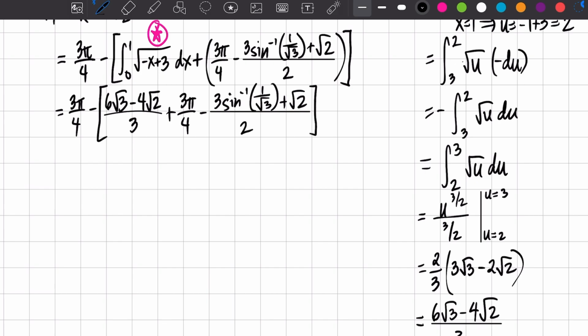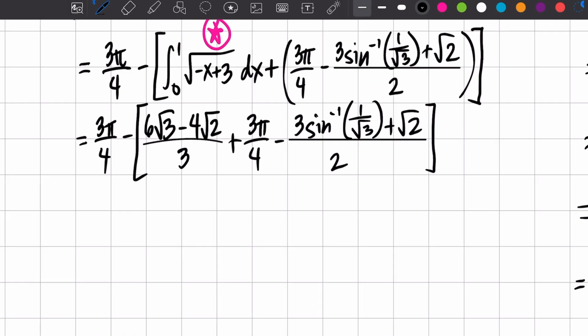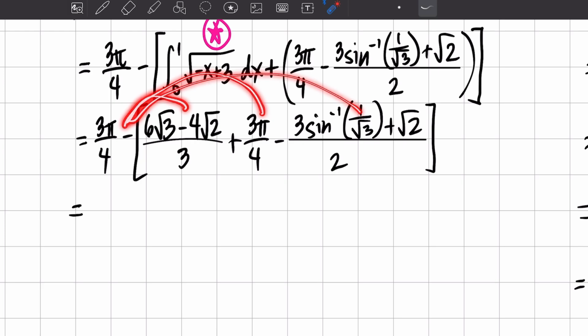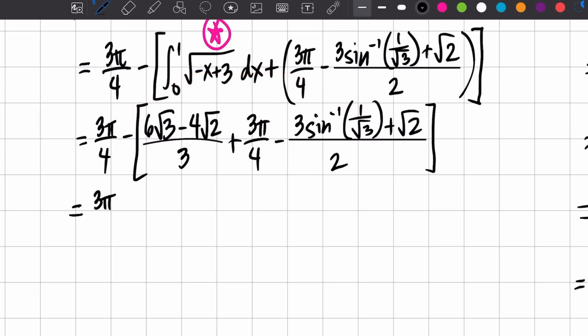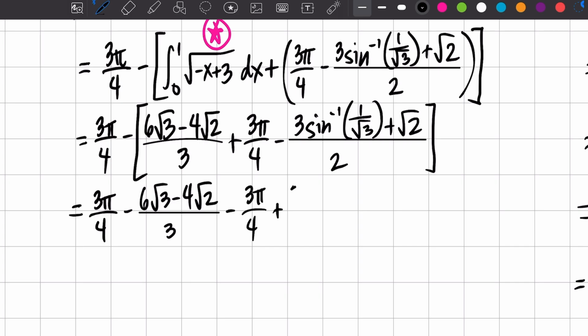Okay? So let's simplify this further. You have a negative sign here, so we can distribute it inside. Minus 6 square root of 3 minus 4 square root of 2 all over 3. This one becomes a negative 3 pi over 4. And you have a positive 3 sine inverse of 1 over square root of 3 plus square root of 2 all over 2.